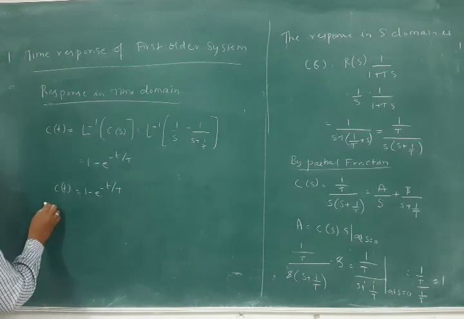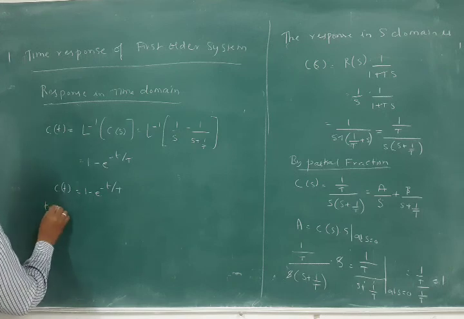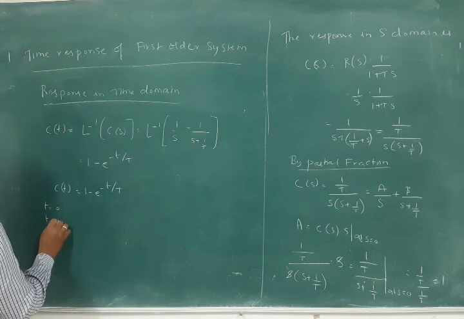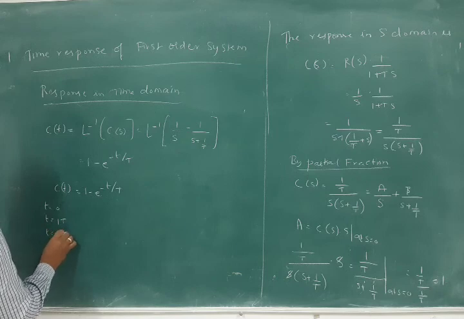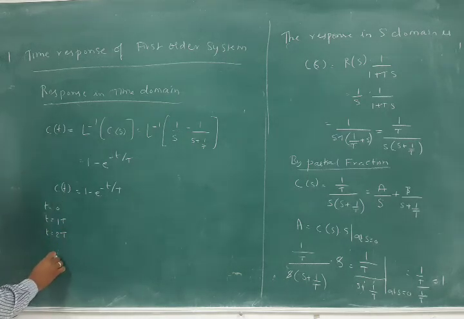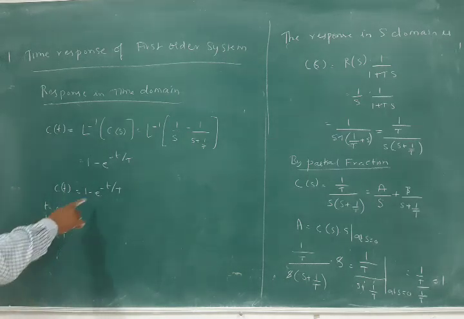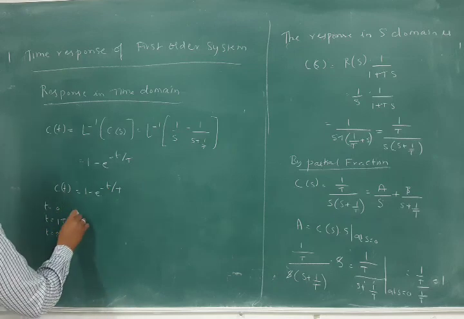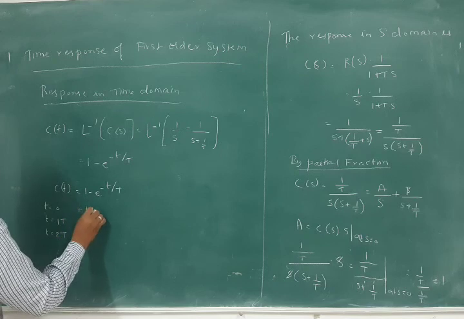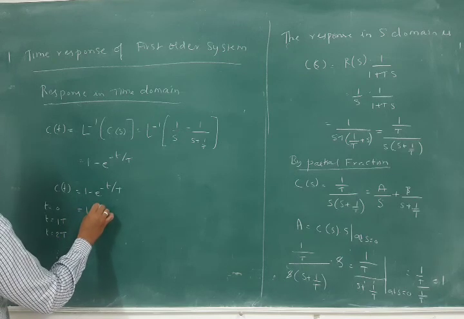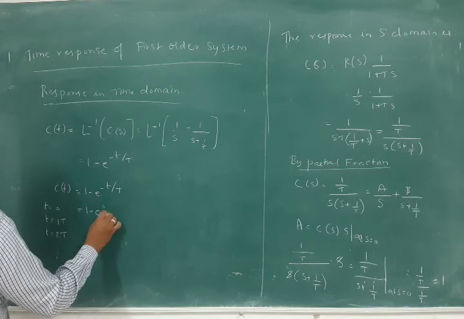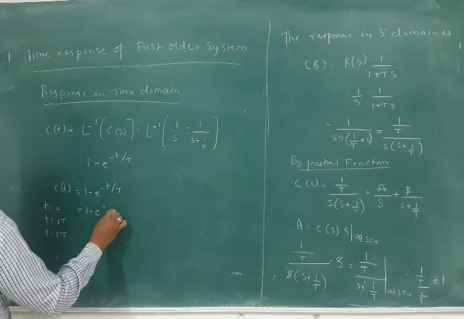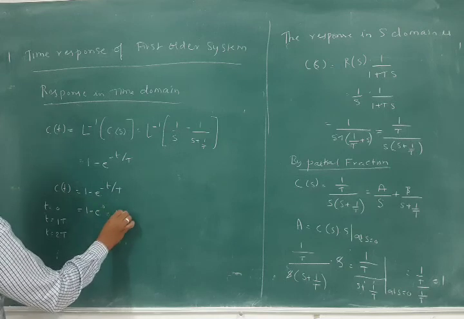Now, we will put the values of t is equal to 0, t is equal to 1t and t is equal to 2t. Like that, we will be putting the values and we will get the values here. c of t for t is 0: 1 minus e power minus 0, e power 0 is 1, so 1 minus 1 is equal to 0.